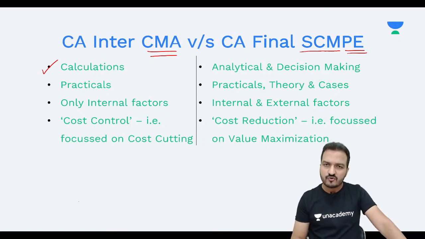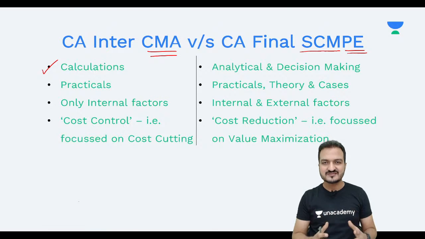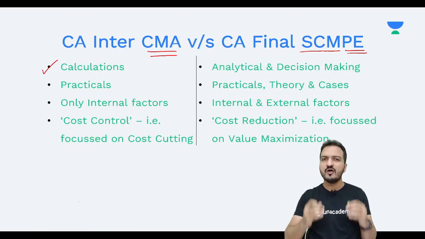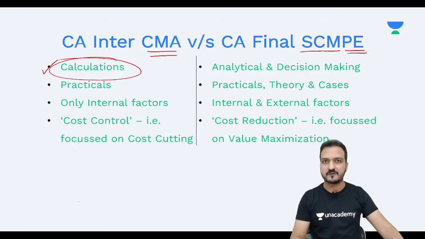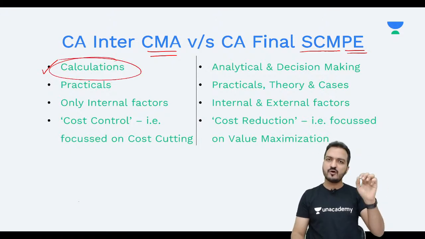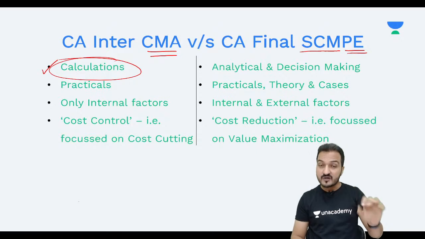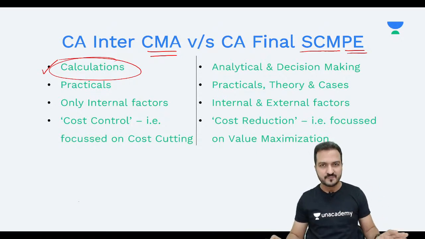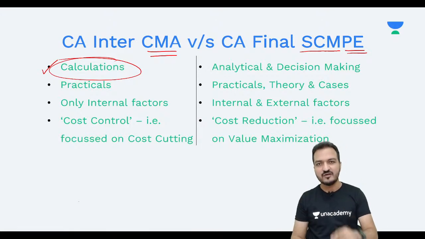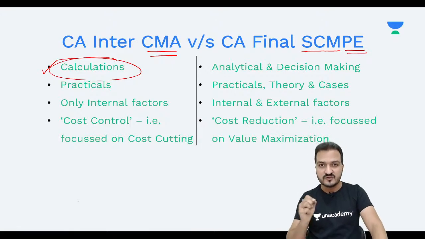But if you look at all these chapters that you had at intermediate level, don't you think everything was primarily focusing on only the calculations part? You're given a question, you're given some numbers, you have to calculate something, reach an answer, and that's it. You get the marks for it. Now, this is the biggest difference.